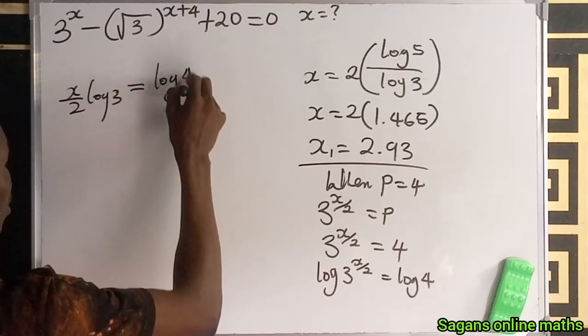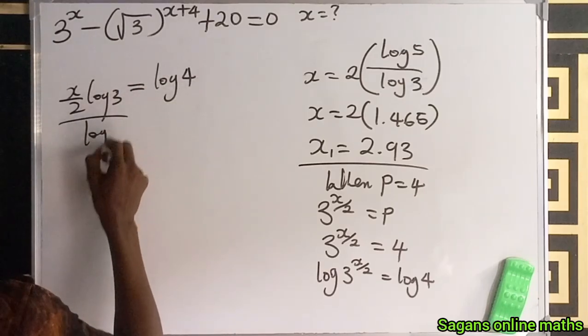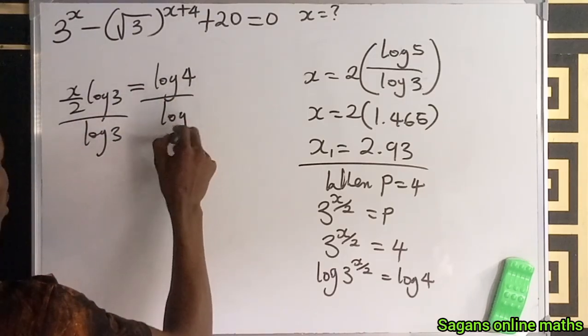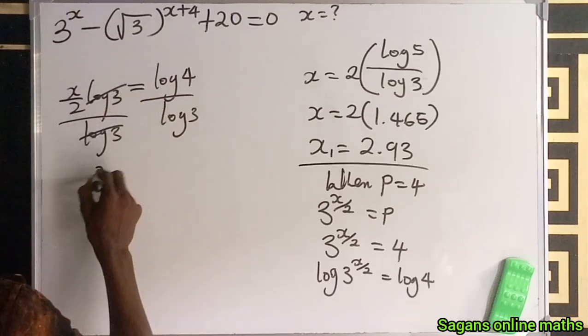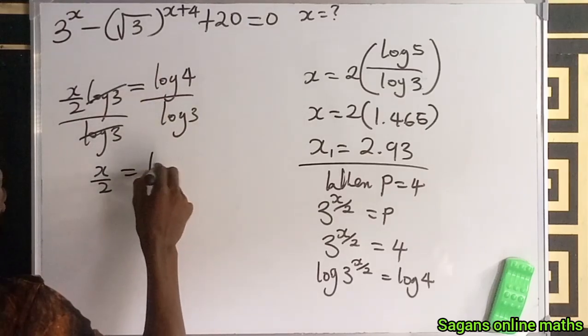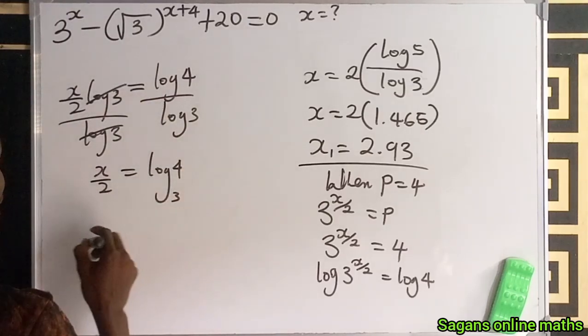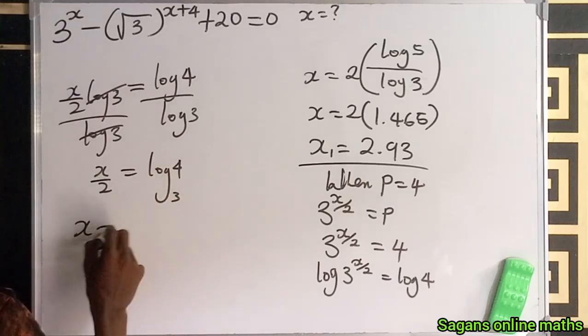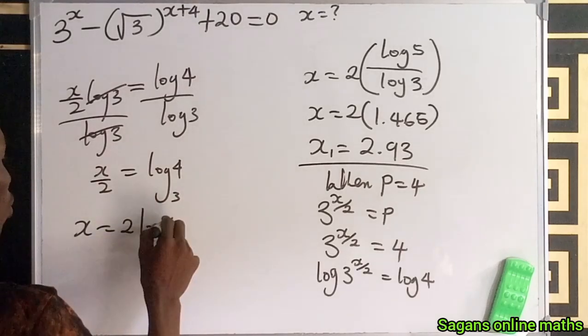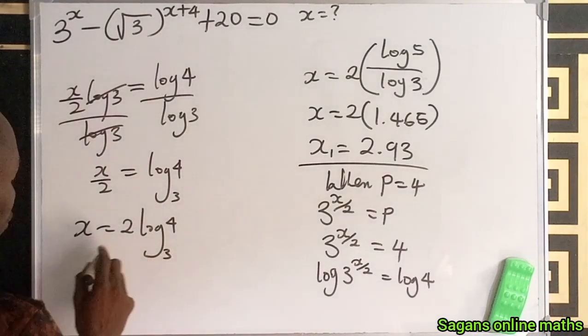Now divide both sides by log 3. This cancels out this. We are left with x divided by 2 equals log 4 base 3. Now by cross multiplying, you see that x equals 2 log 4 base 3. It's another value of x.